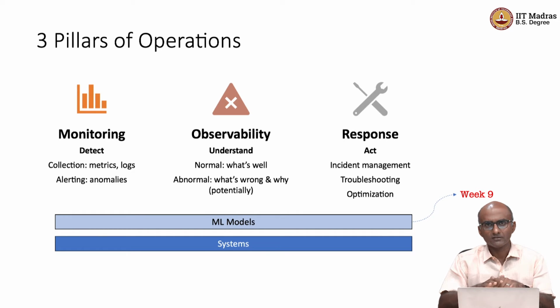Observability, on the other hand, is trying to make sense of what has been detected. So it asks the question about what's going well, which is what's normal behavior, what's not going well, and potentially why. The key word here is potentially because, like with any symptom-based treatment mechanisms, symptoms are not themselves the root cause, while they are representative of many common root causes.